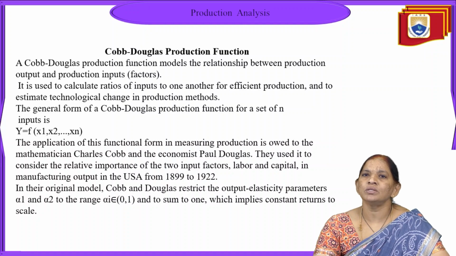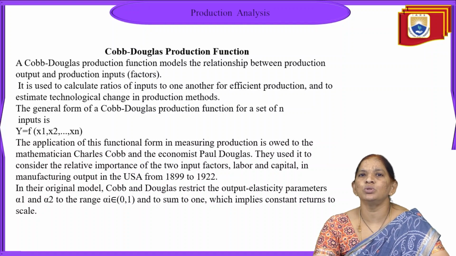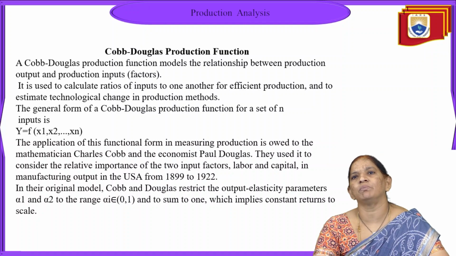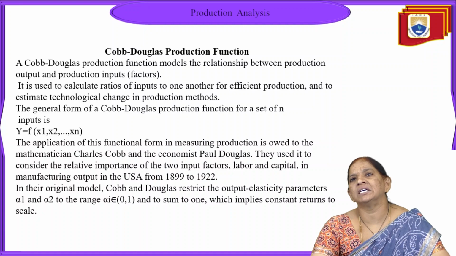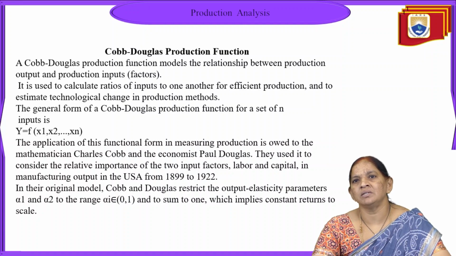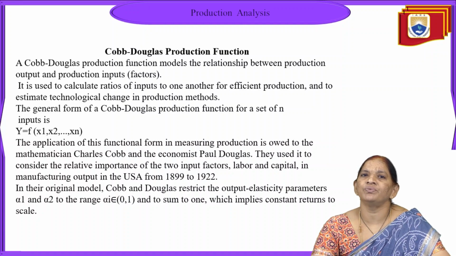Means what sort of changes we can identify when there is a change in the labor and also capital while manufacturing the output. They examined and did experimentation in the USA from 1899 to 1922. In this period both of them did a lot of experiments relating to the change of ingredients.